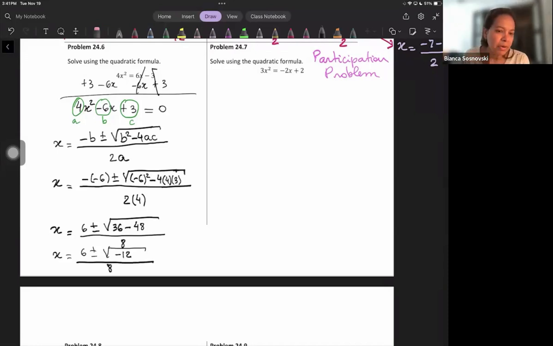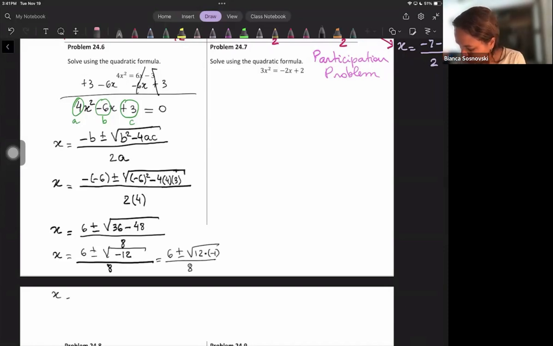Now we're going to simplify the square root of negative 12. We already know from previous classes that the square root of a negative number becomes a multiple of i. So I'm going to write negative 12 as 12 times negative 1.